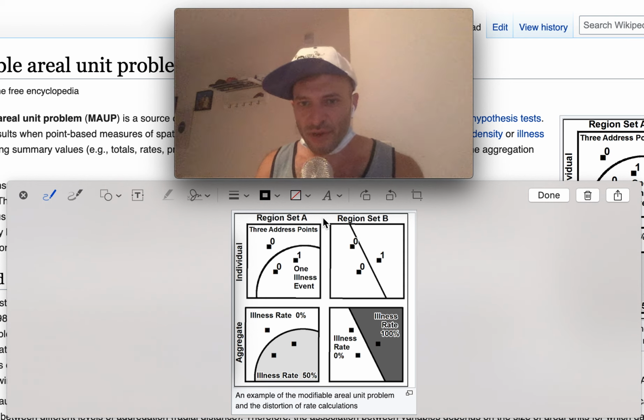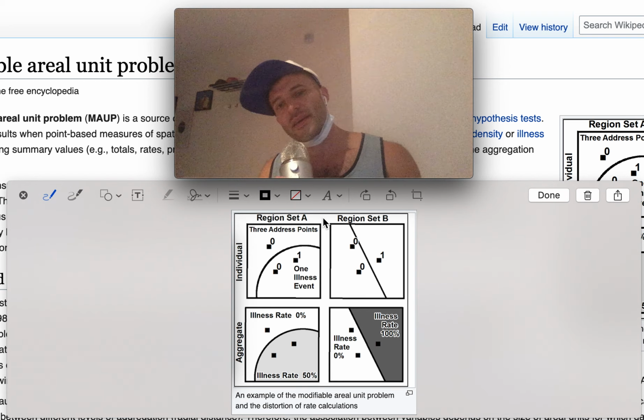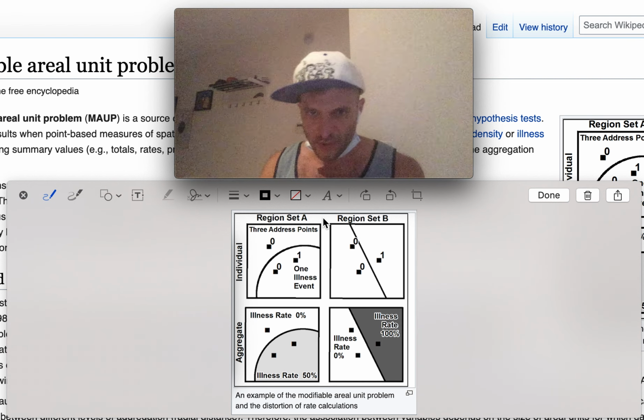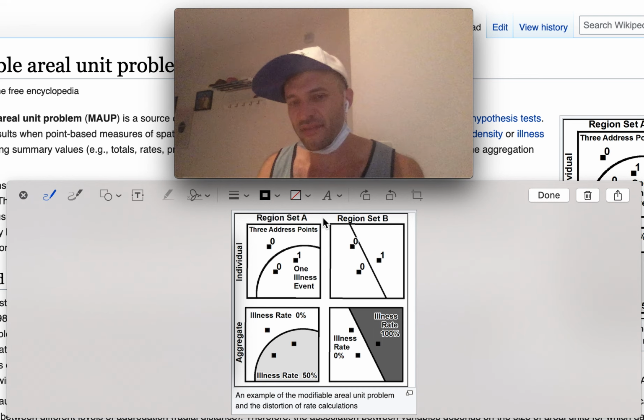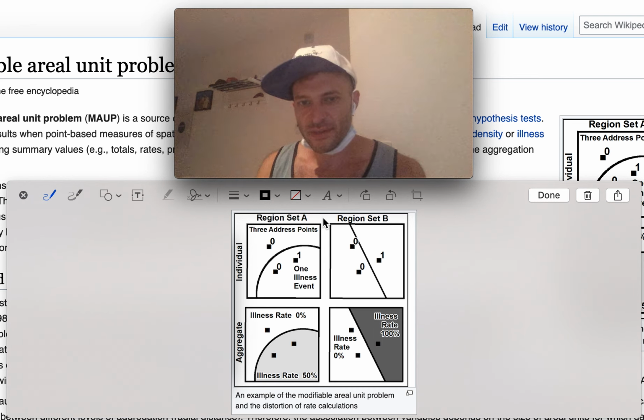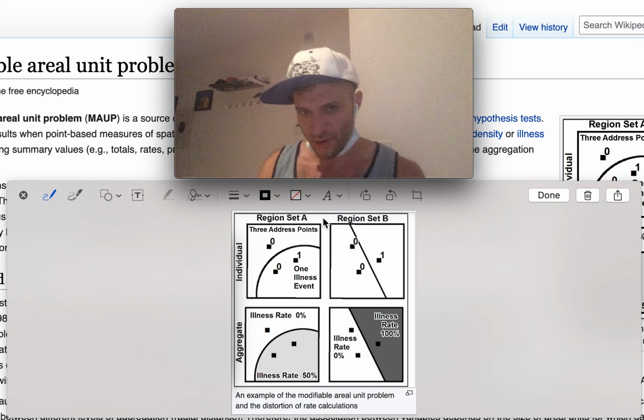You see, if we draw it one way, we get something that looks very different. So like 0 represents no COVID cases, and 1 represents a COVID case, right? And in the first area we have an illness rate of 50%, because 1, that's half.